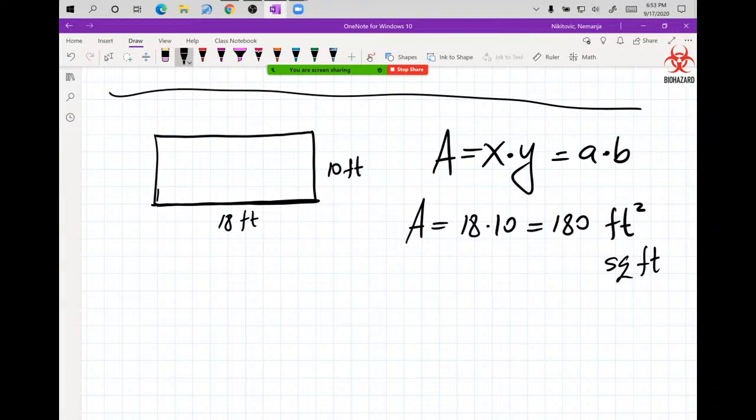So let's say you want two coats. Then can you buy a can that covers 300 square feet? Would that do it?